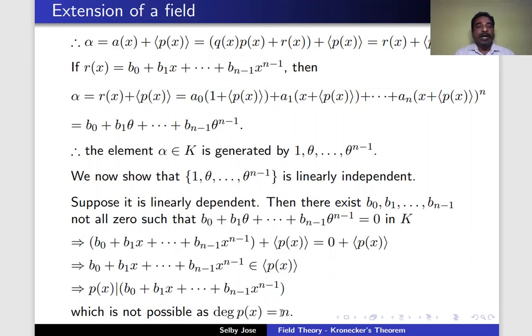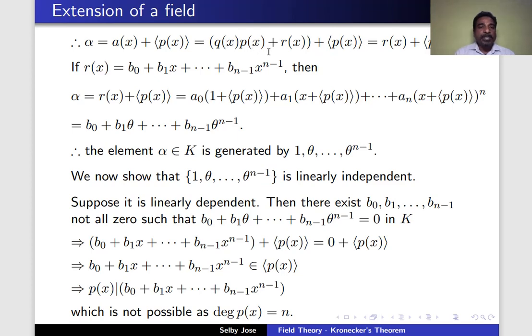So therefore α you can write as a(x) + ⟨p(x)⟩, but a(x) = q(x)p(x) + r(x). So we can write α = q(x)p(x) + r(x) + ⟨p(x)⟩, because q(x)p(x) is an element of the ideal.